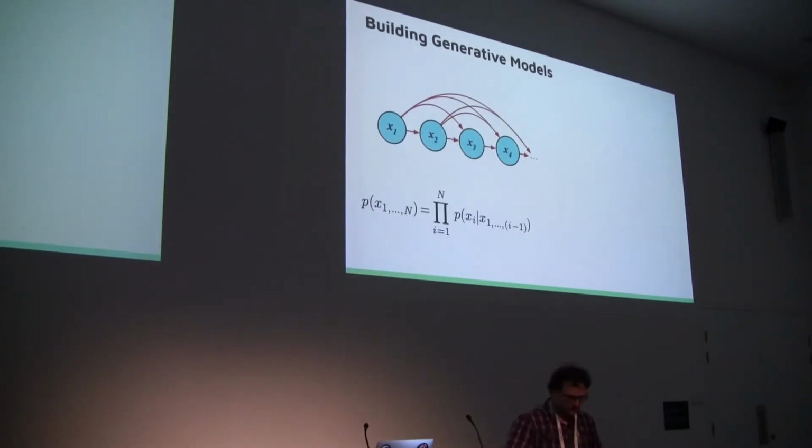So what is an autoregressive generative model? It's simply a model that can be expressed by this causal graph, where every variable depends on everything to the left, or to the right, or you define some order in which you want to build your causal chain.